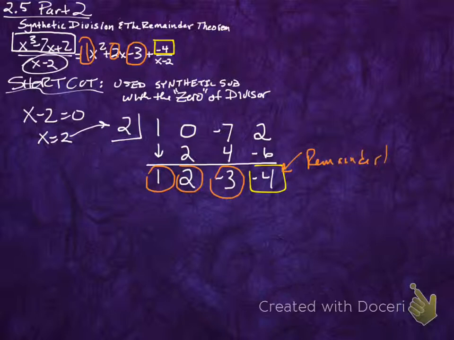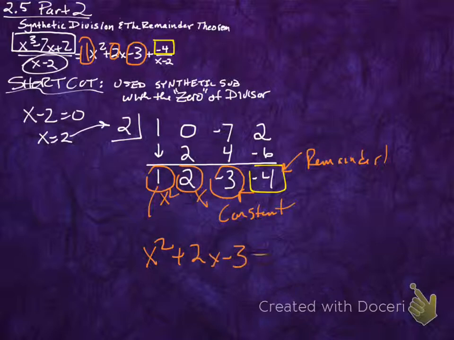And that's absolutely key. Once you have identified your remainder, the number right next to it is your constant. Then this would be the x coefficient, and then the x squared coefficient. So the quick way of doing this would have been to write 1x squared plus 2x minus 3, and then plus the remainder, negative 4, over the divisor x minus 2.